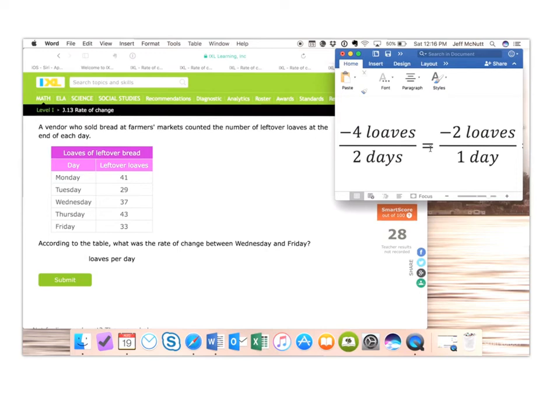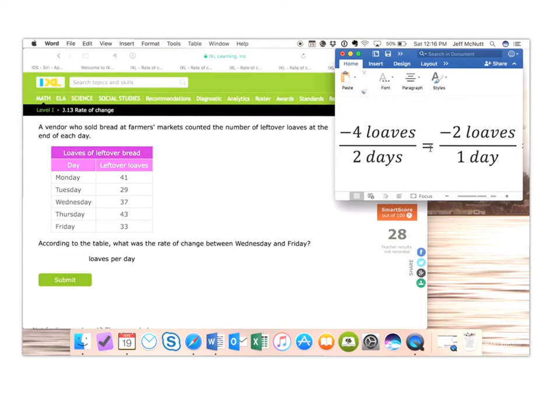So if it did 4 loaves in 2 days, that's an average of 2 loaves a day, okay? It's not saying that it actually did that, it's just saying that's what the average rate would be, okay? So then we can end this problem by saying -2 loaves per day. We would write -2 in this blank right here.